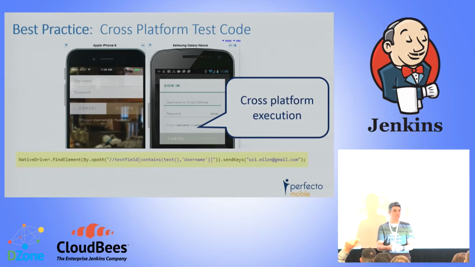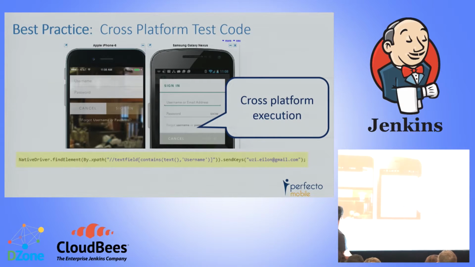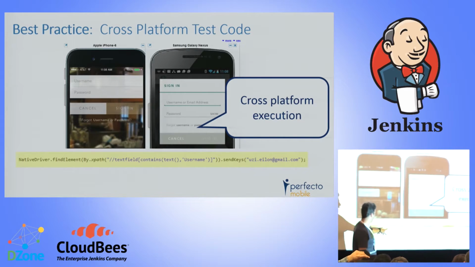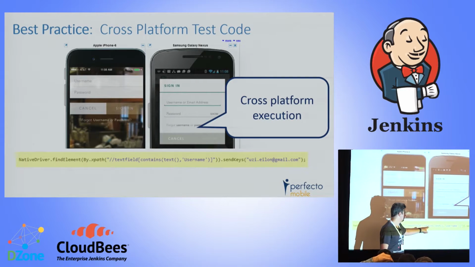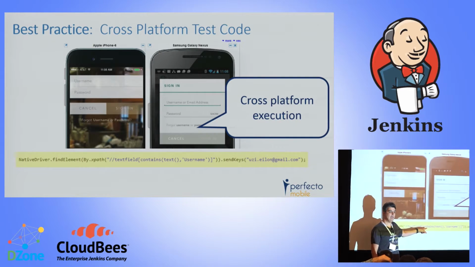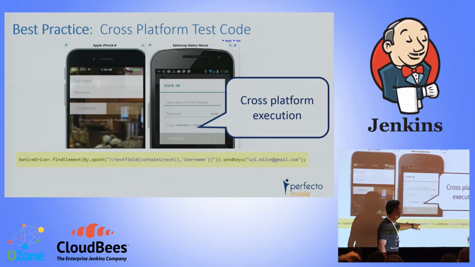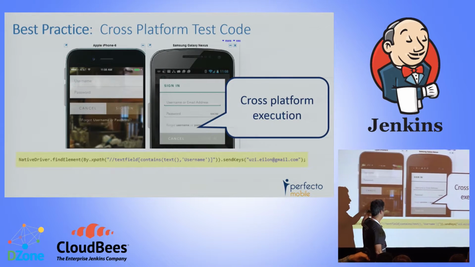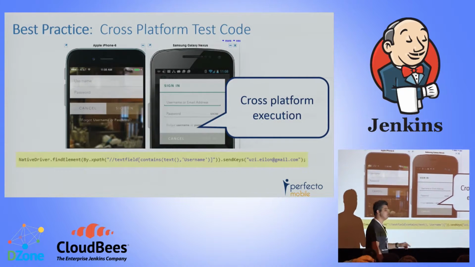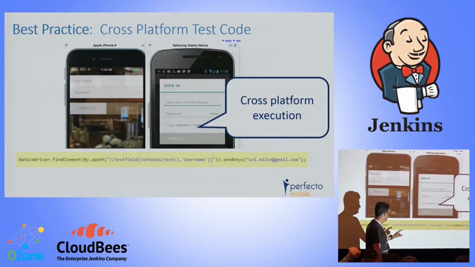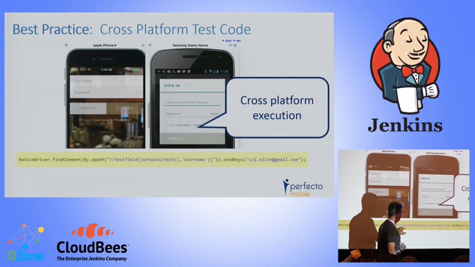That's the login to Starbucks. So what I'm using here, I said, okay, use an XPath. And what I decided is to use the contains. Why? Because I want the same code to work on the iPhone and on the Android. I want to find the field with the property text contains username. So it works for this field and for this field.